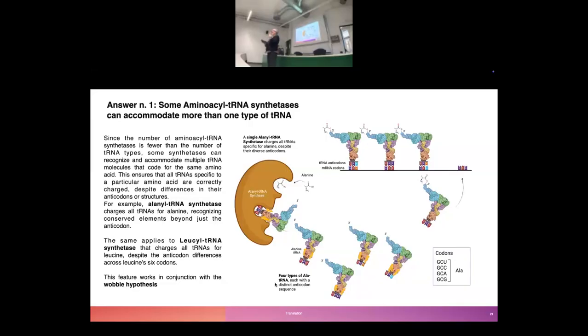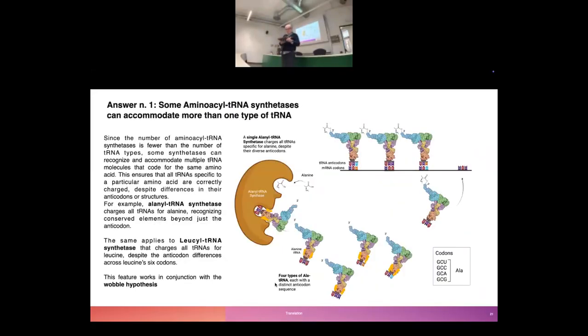It is because of the surroundings of the other nucleotides close to the anticodon that allow for the interaction of all the four with the same amino acyl tRNA synthase.